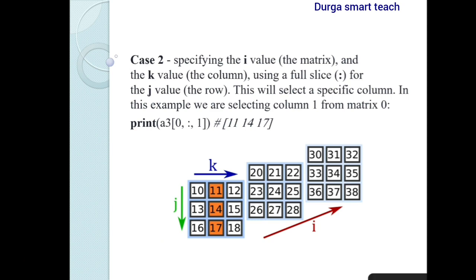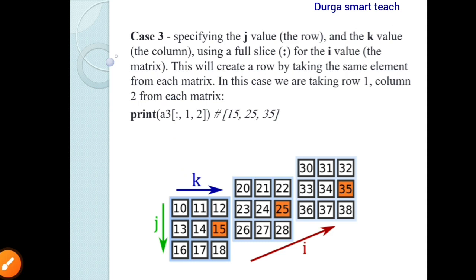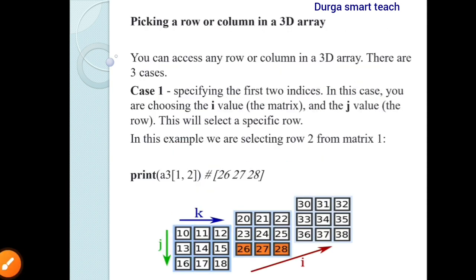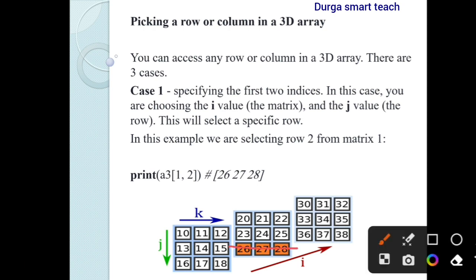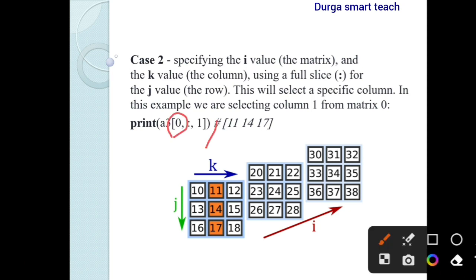The first one is used to represent the plane, the second one is used to represent the row, and the third one is used to represent the column. If you want to access a specific row, you need to mention the plane and row. If you want to access a specific column, you need to mention the plane and column.